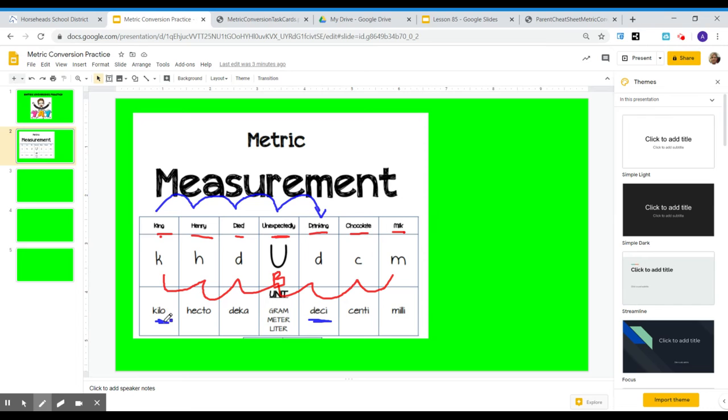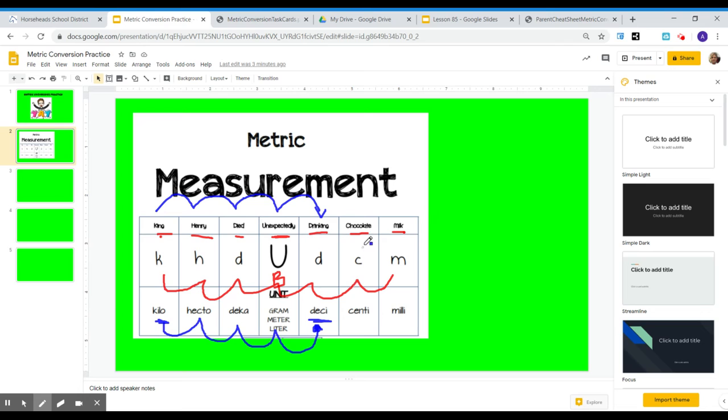You go over 1, 2, 3, 4 places with your decimal point, and your new decimal point goes 4 places to the right, to the right, to the right, because that's where you move on this chart. This chart is so wicked helpful.